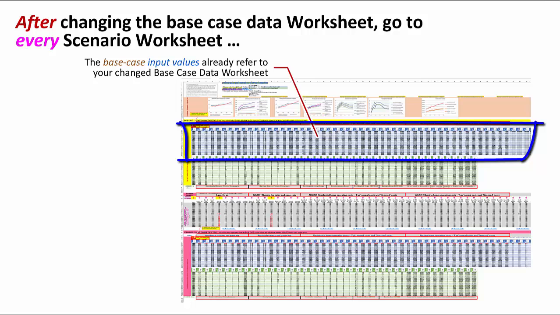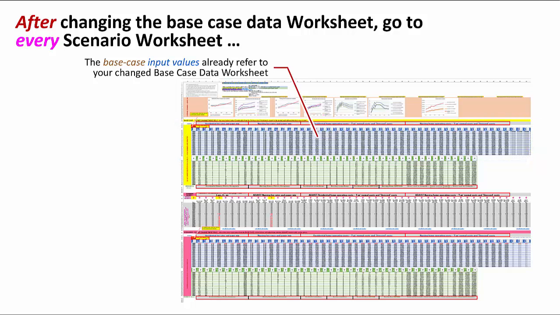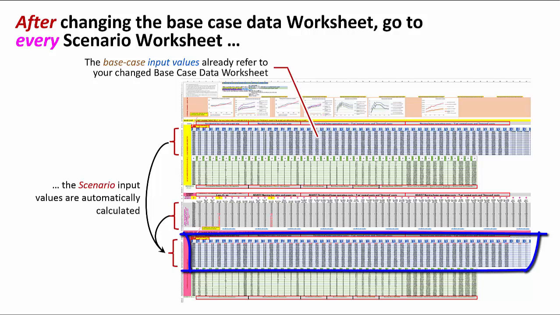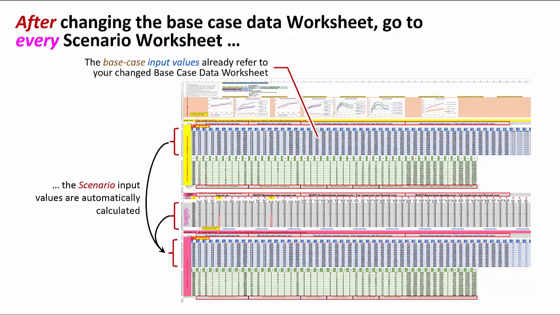Now that input data is in the blue section of this worksheet. Furthermore, the scenario itself will take those adjusted base case data and will make whatever modifications are necessary to reflect that scenario and produce the input values in the blue rows at the lower part of this worksheet.